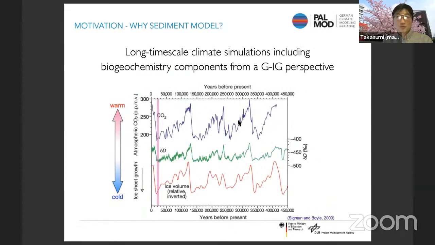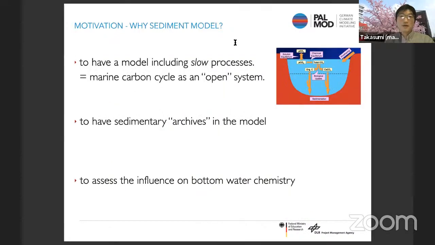This work was done in the framework of the parent project PARMOD, which aims at long time scale climate simulations, including biogeochemistry, from a glacial-interglacial perspective. With that goal, we introduced a process-based chemical sediment model for three reasons.